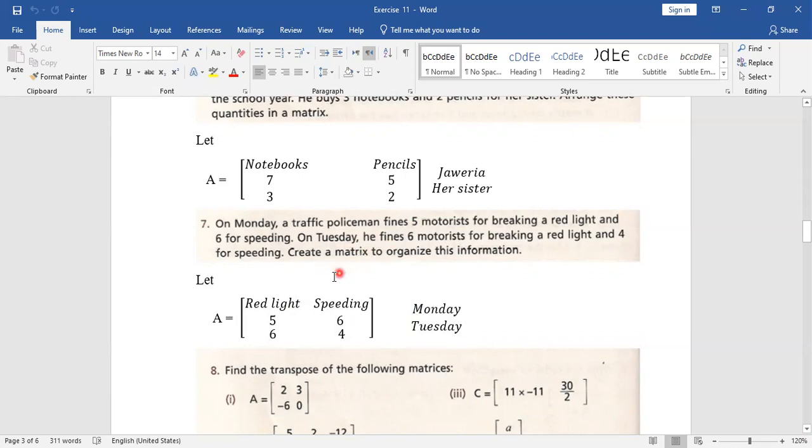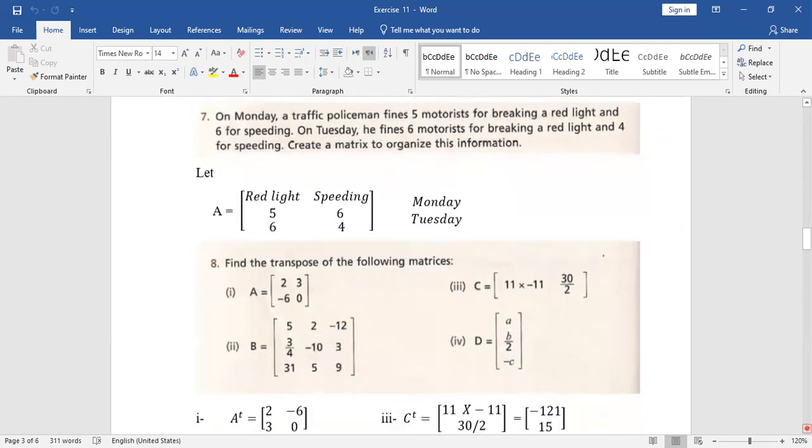Now 5 motorists for breaking the red light, and 6 for speeding. Now 6 will come under red light and 4 will come under speeding. Now we are representing a real life situation in the form of matrices. This is very interesting.